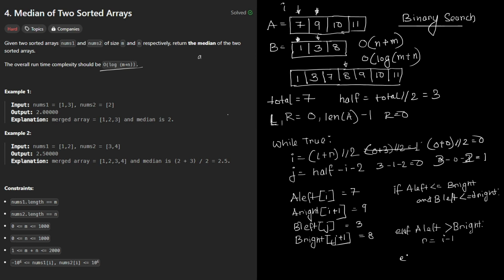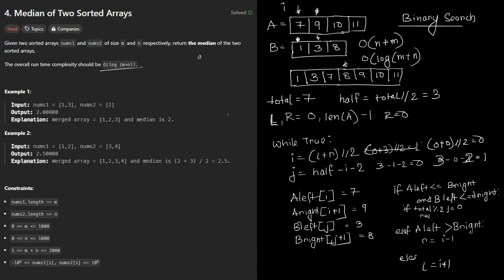And there could be another condition. Else we can say L equal to i plus 1. And in this case, once you have got into the loop, I can check if the total value is even or it's odd. So total percentage 2, if it's not equal to 0, then it's an odd value.